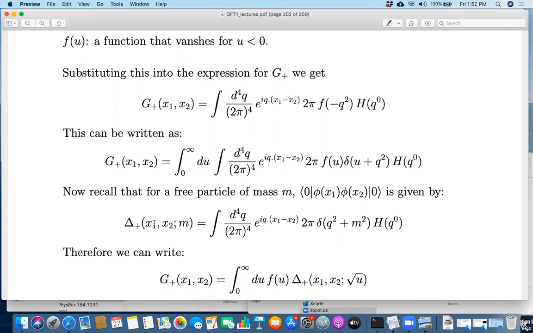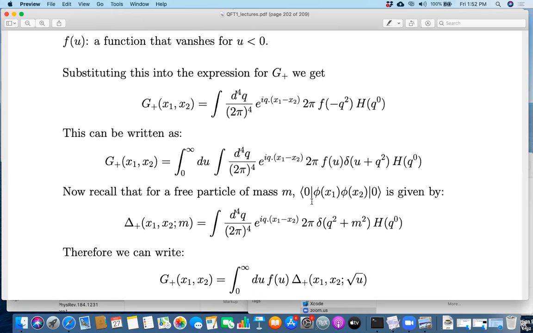So here I have written the argument of delta plus as x1, x2, but also the mass parameter that is there in the theory. Earlier I hadn't written down the mass, but now I'm also displaying explicitly the dependence on the mass of the particle. So that had this structure.